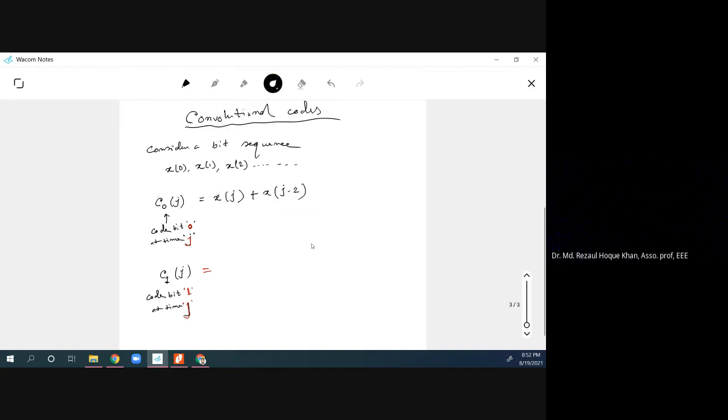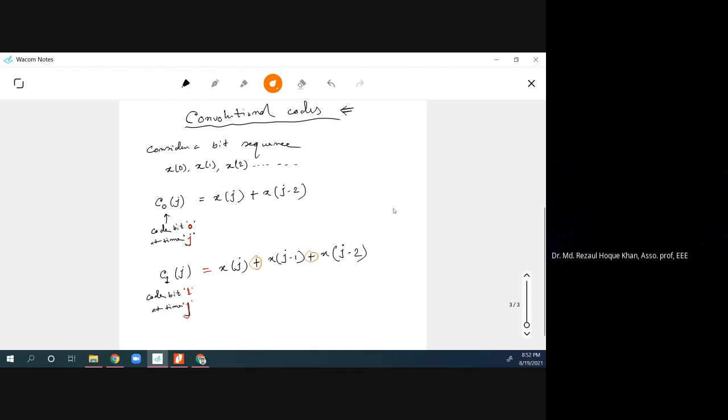The convolution code is written as xj plus xj minus 1 plus xj minus 2. We are introducing you to this convolution code. Actually, it's nothing but an algorithm, so the programmer will write this program.